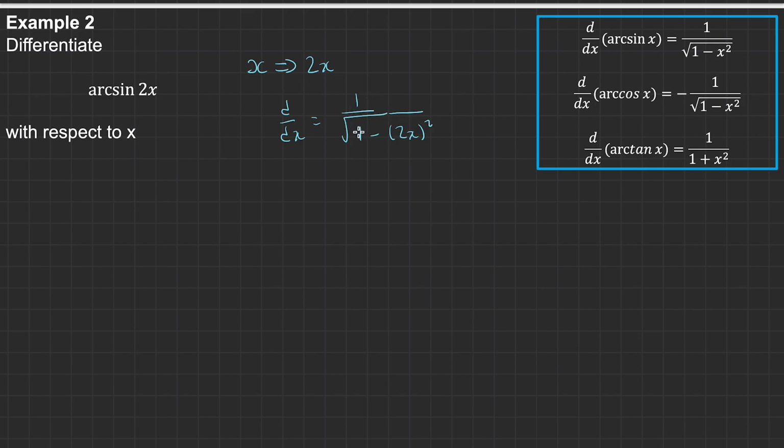But then we need to multiply this by the derivative of the inner function, which is 2. So we'll multiply this by 2. So the derivative will be 2 over the square root of 1 minus 2 squared is 4, so 4x squared. Okay? Let's try one more question.